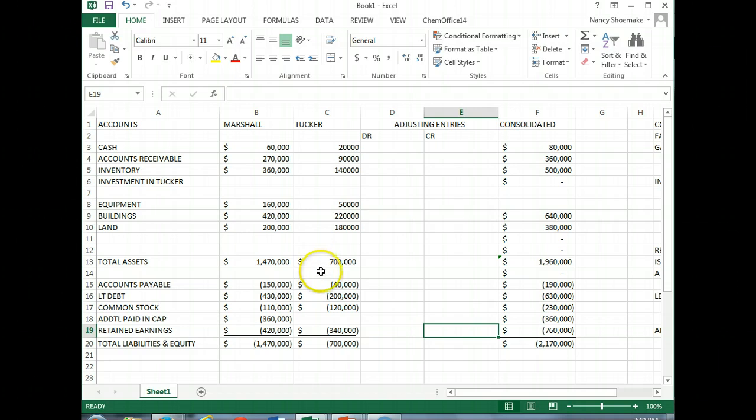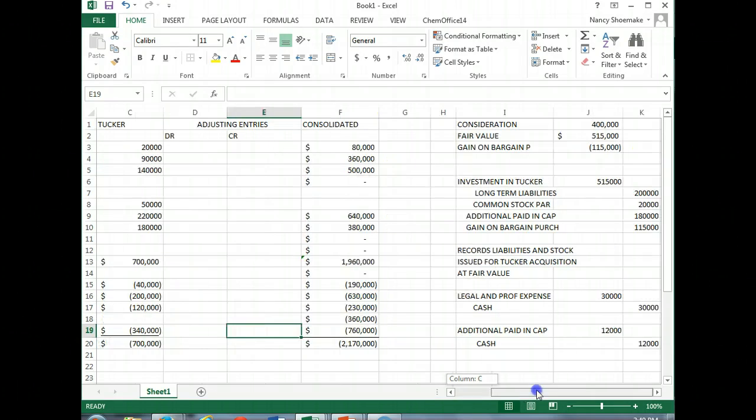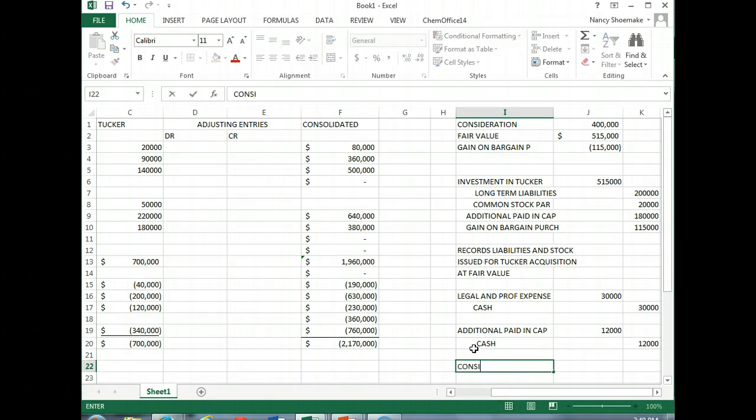460. 700,000 minus this is 460,000. So we need to figure out here, we have the consideration, 400,000, less the book value of the net assets.